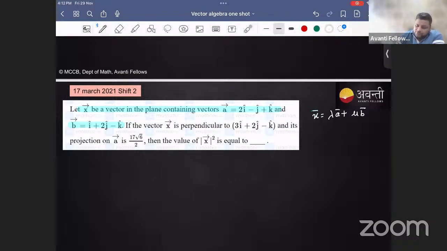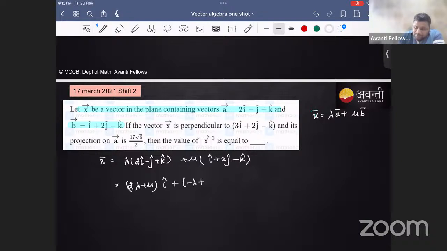So this vector x will be lambda times (2i cap minus j cap plus k cap) plus mu times (i cap plus 2j cap minus k cap). So it is (2 lambda plus mu) i cap, (minus lambda plus 2 mu) j cap, plus (lambda minus mu) k cap. Am I correct? This is your vector x.